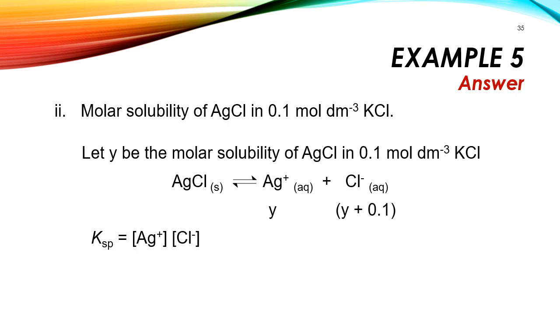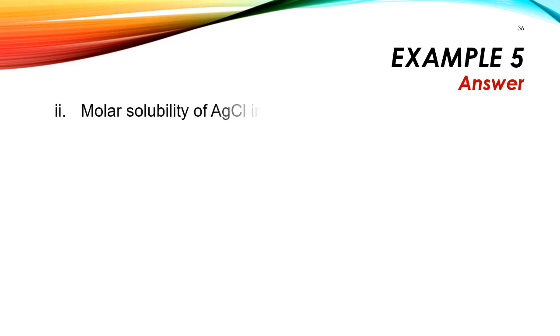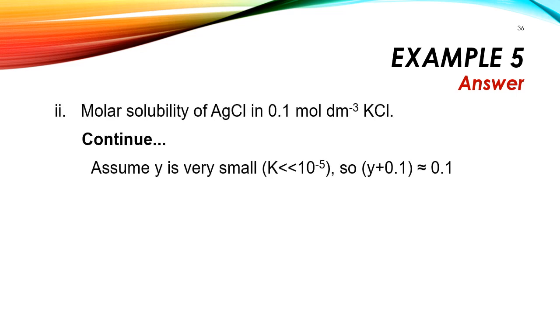Thus, writing the Ksp expression and substituting all the values, we get 1.7 × 10^-10 equals y times (y plus 0.1). We can assume that the value of y is very small. This is due to the value of Ksp being very small, smaller than 10^-5. So, for y plus 0.1, we can assume it as 0.1 only.